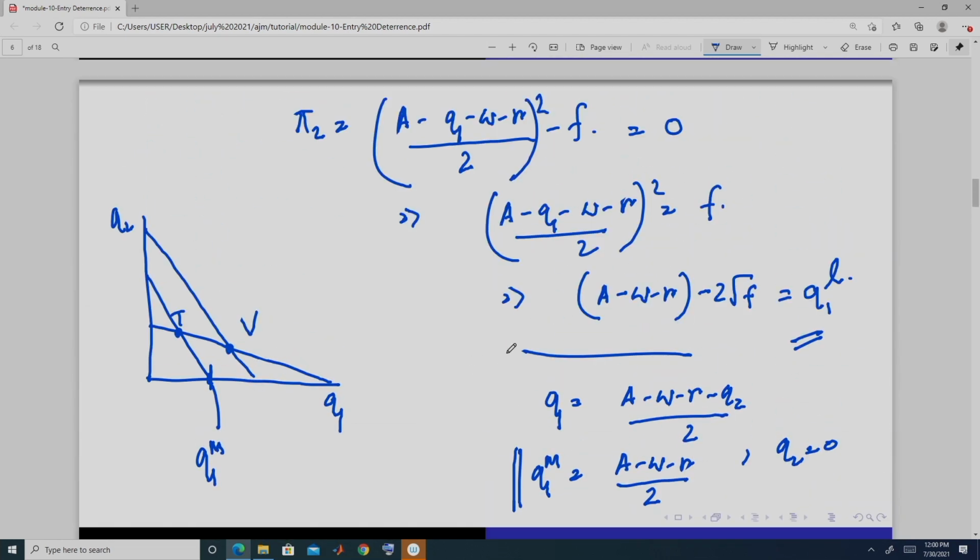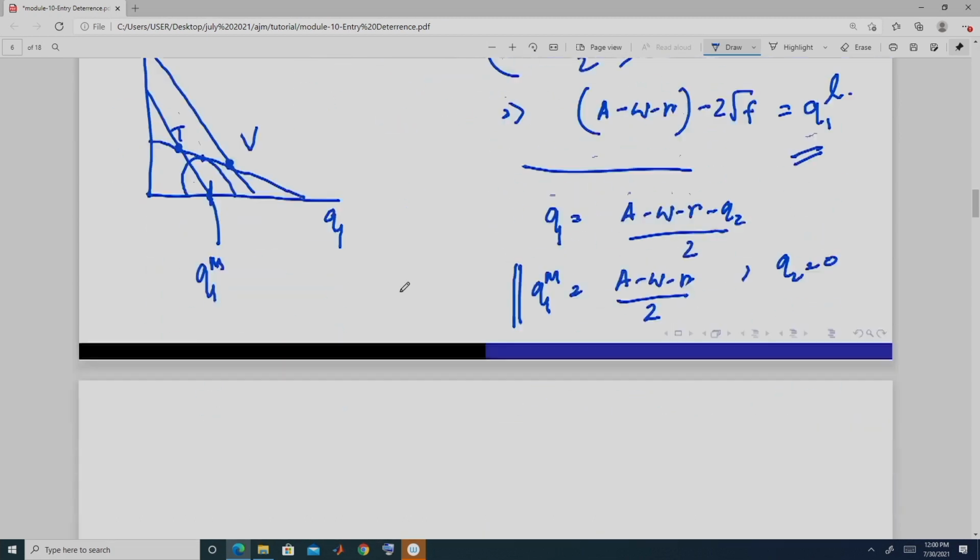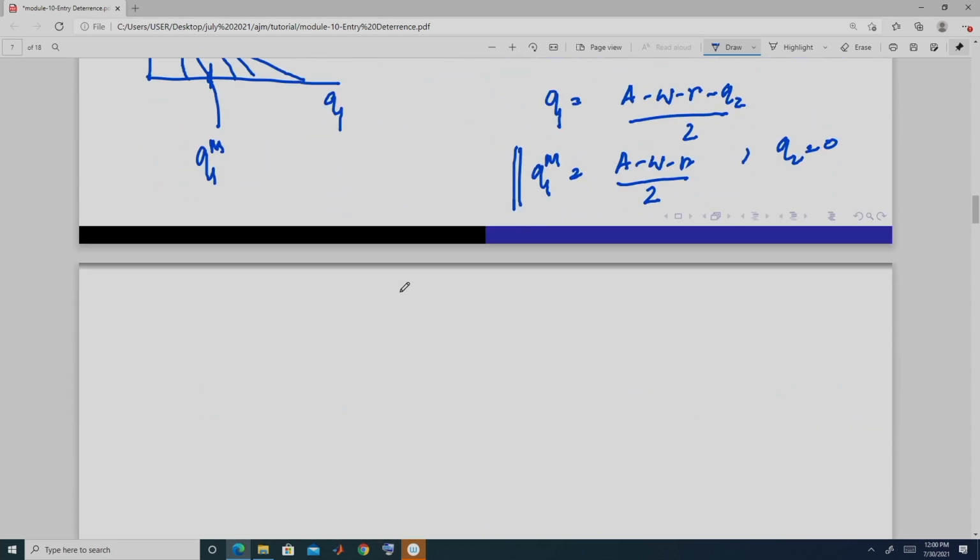Now, we have to find out the Stackelberg outcome here. So, the Stackelberg outcome is something like this. Okay. It is something like this. So, this point. So, how do we find the Stackelberg outcome?